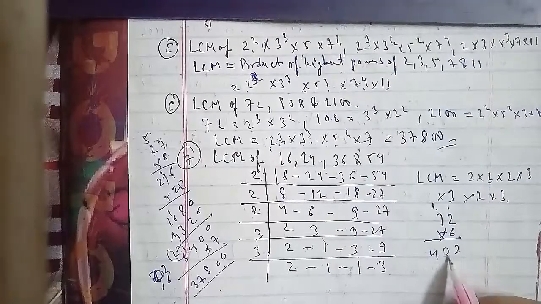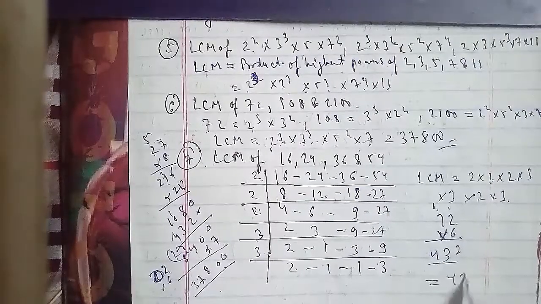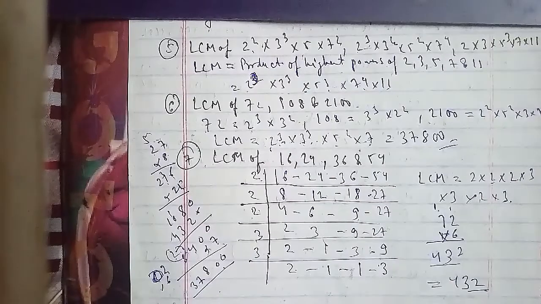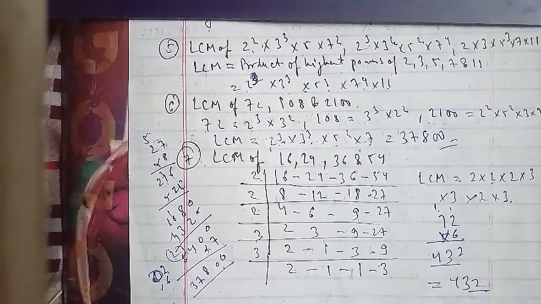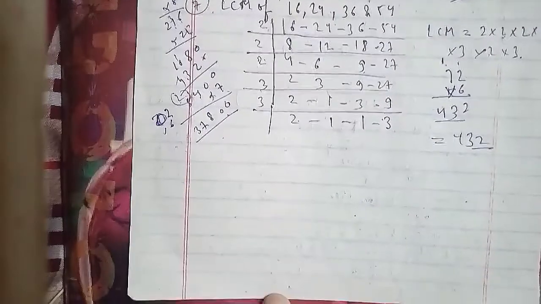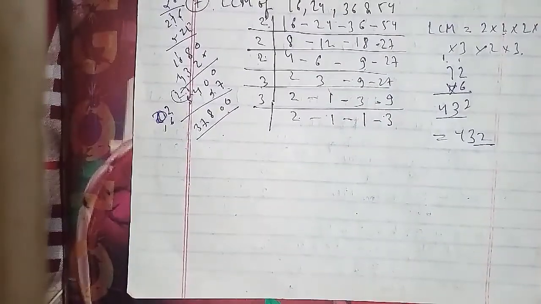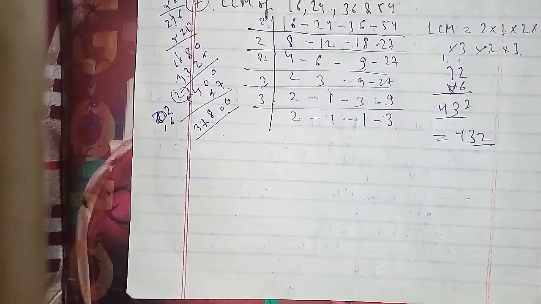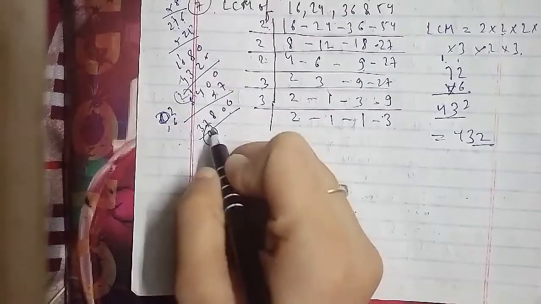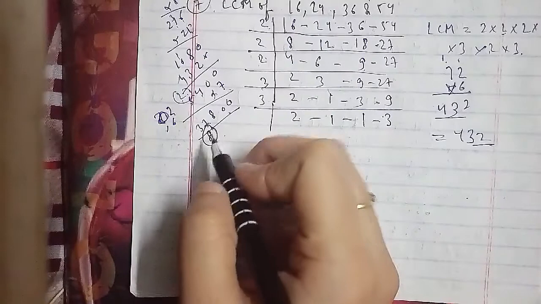So SCF of given fractions equals SCF of 2, 8, 16, 10, that is the numerators, upon LCM of 3, 9, 81, 27, that is the denominators. So here we have 2 upon 81.